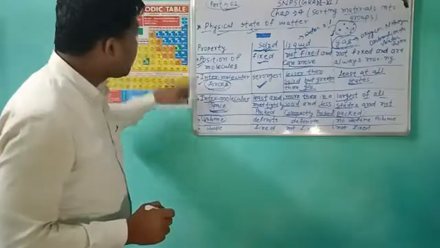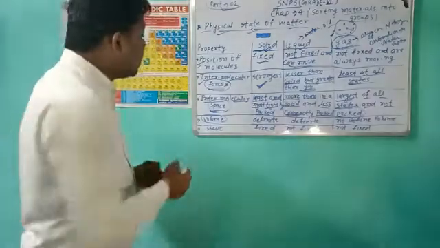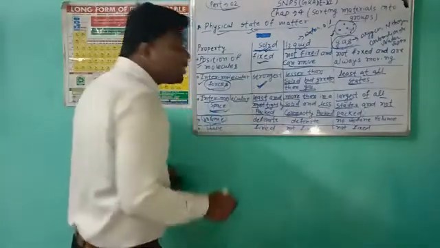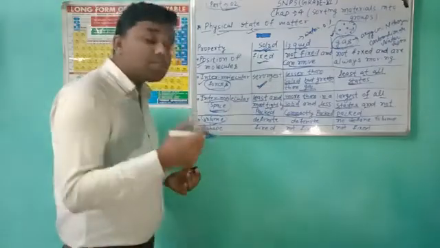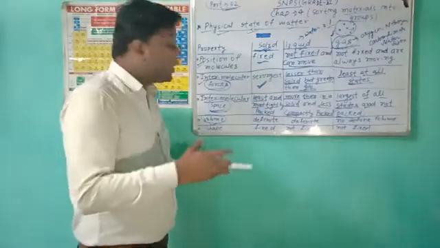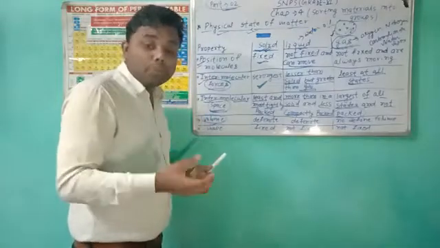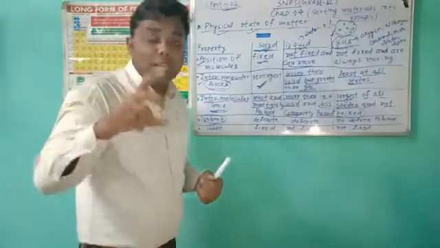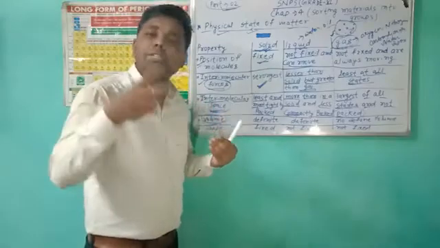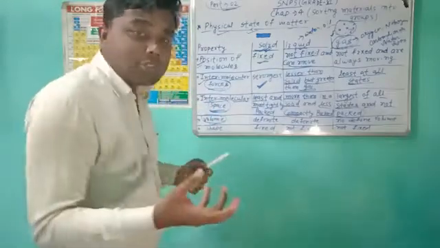The next property is the volume. The volume of a solid is definite, it has a definite shape and a definite volume. If we talk about a glass, it has a definite volume, it cannot be changed.